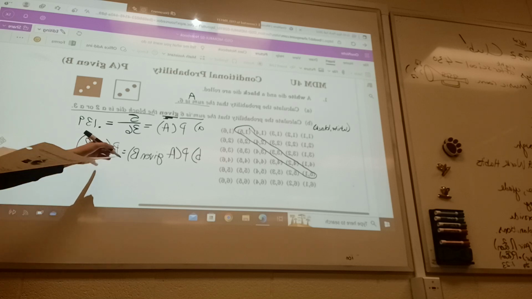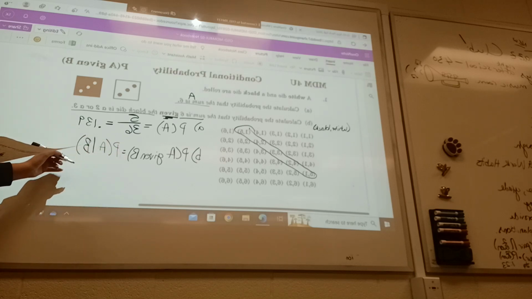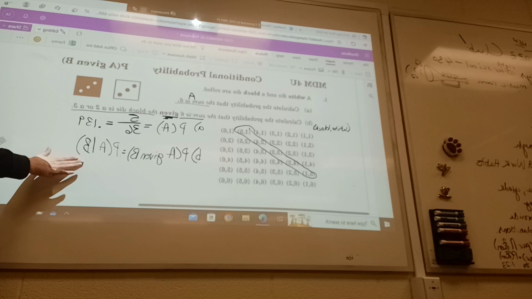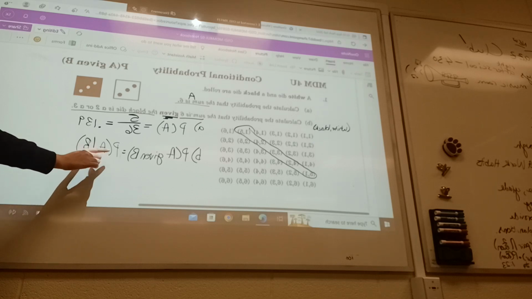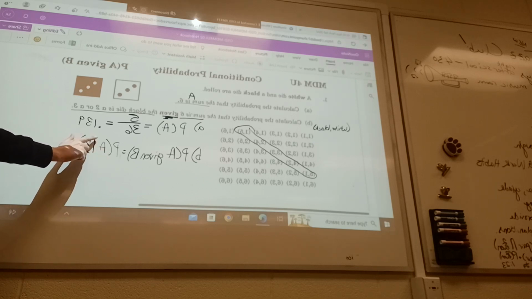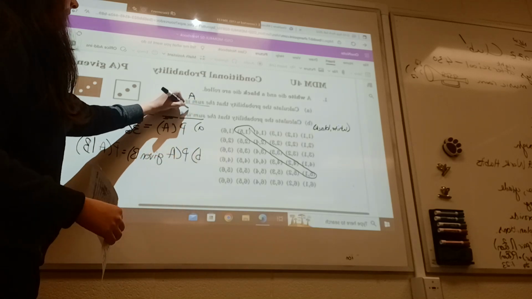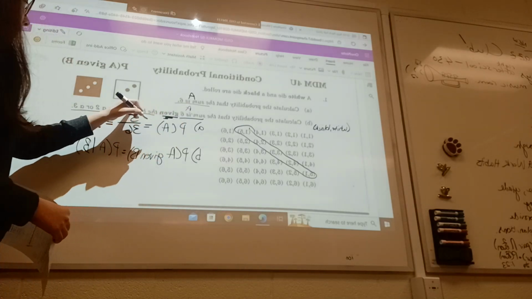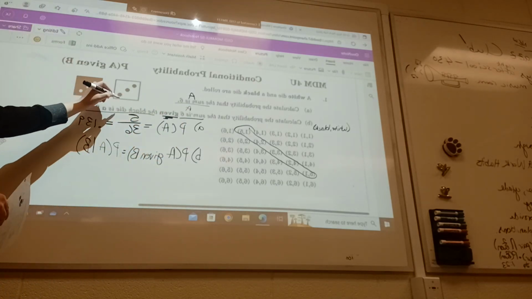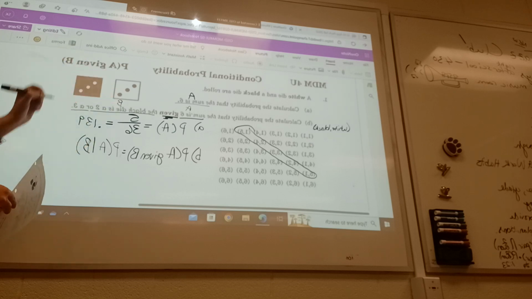I wasn't sure if we touched on it in units 1 or 2. But yeah, so this reads, what's the probability of A happening given we know event B has already happened? So here we can say rolling a sum of 6 is event A, and the black die being a 2 or 3 is event B.